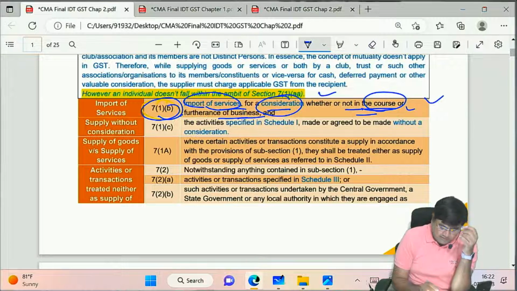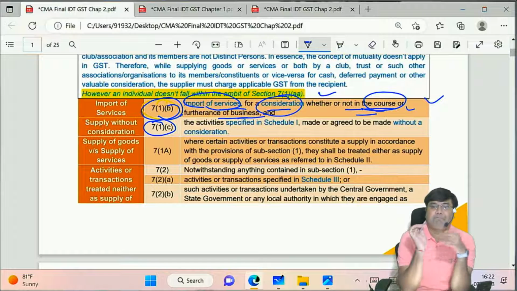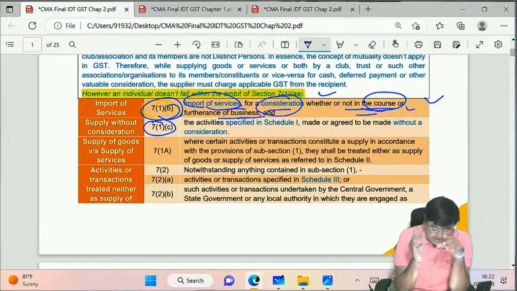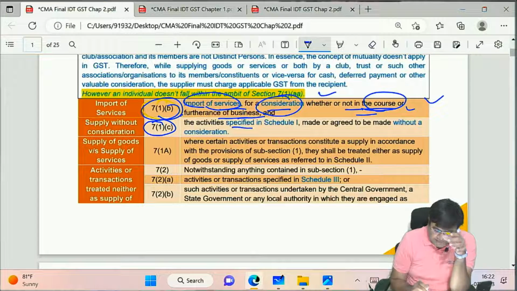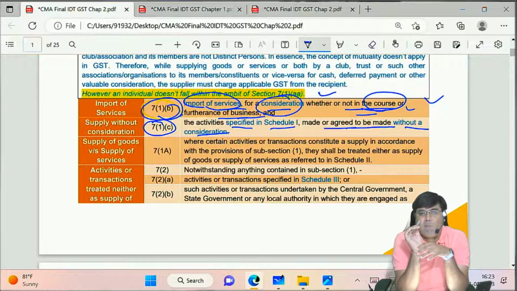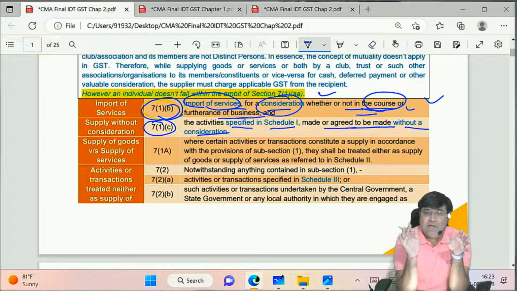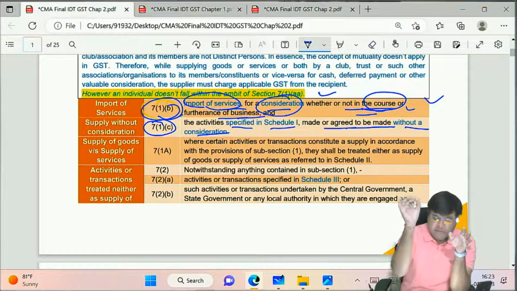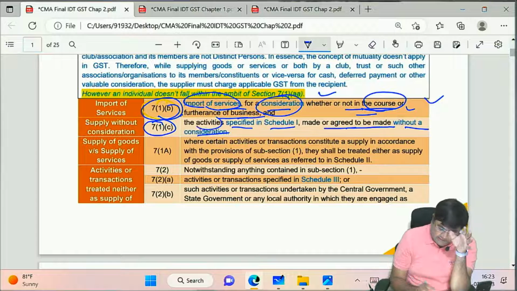So jump to section 7 subsection 1 clause C. This says the activities specified in schedule 1 made or agreed to be made without a consideration. So if consideration is not there, but that activity is listed in schedule 1.